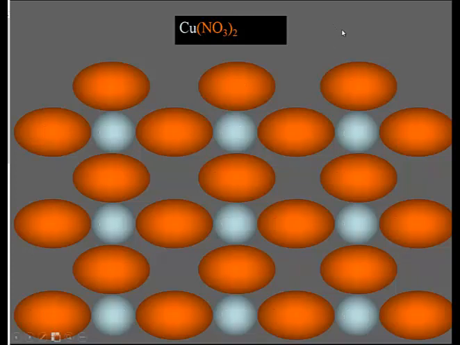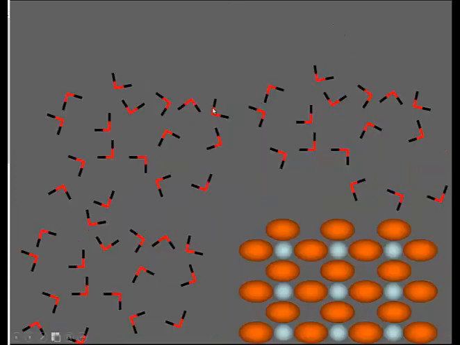So what happens if we put the substance into water? So here's our water molecules. The red represents the oxygen, and the little black tips are representing the hydrogens in this case. So here's our water molecules floating around in the solution, interacting with this solid down here. And when the water molecules come down, remember, these are the nitrates. They're negatively charged.